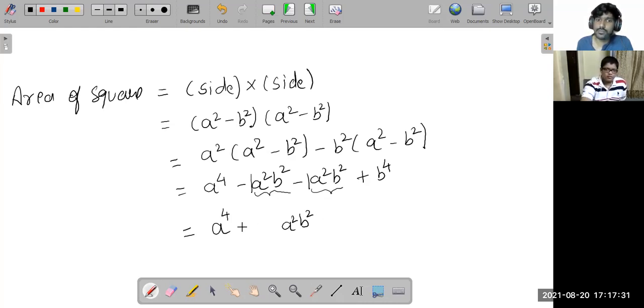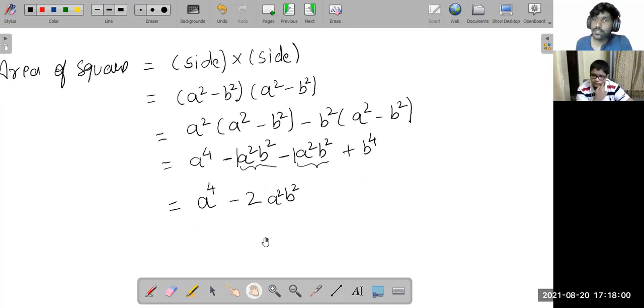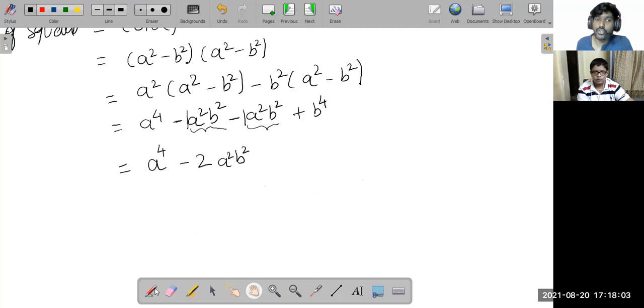It is -1, -1. So -2 a square b square, with the sign of the greater number. See, treat this like surds. Think of it as how you used to do surds.